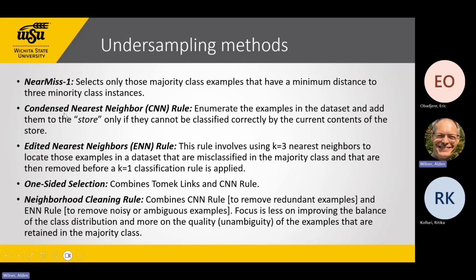Condensed nearest neighbor rule, right? So we enumerate all the examples in the data set. And this is where we're trying to be better at doing our actual data prediction, right? So we add them to our data set only if they cannot be classified correctly by using the current contents of what's in our store.